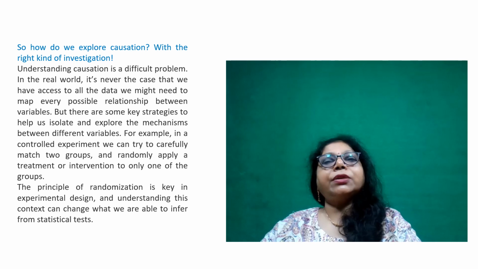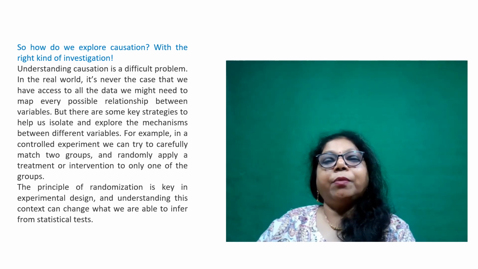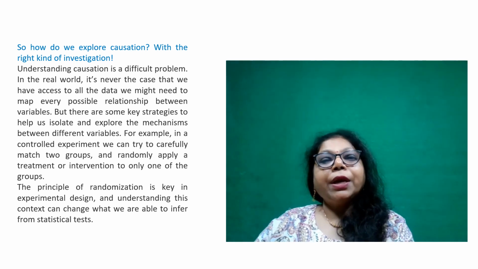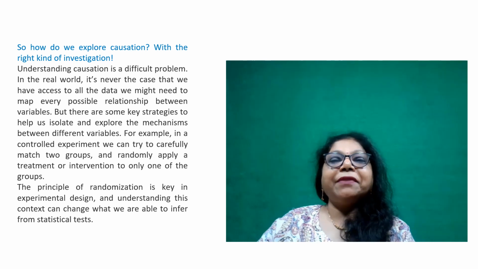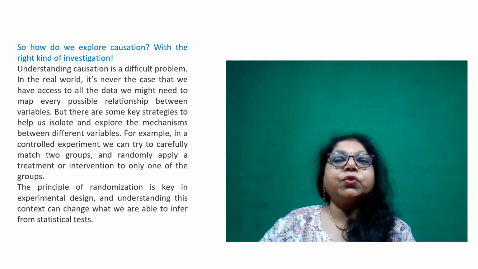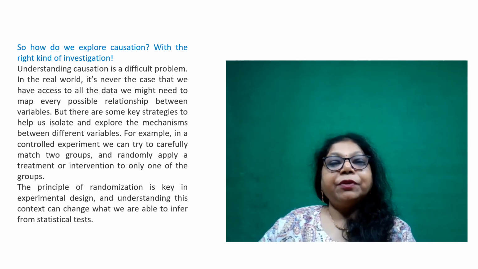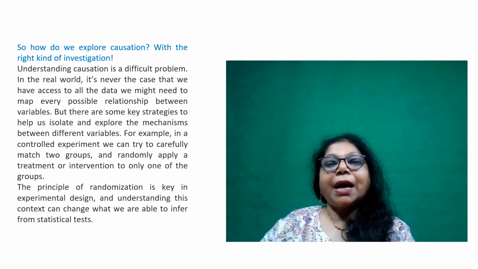Now, understanding causation is a difficult problem. It is not so easy. In the real world, it's never the case that we have access to all the data that we might need to map every possible relationship between variables. But there are some key strategies to help us isolate and explore the mechanisms.